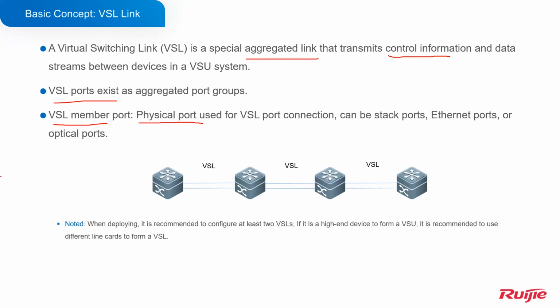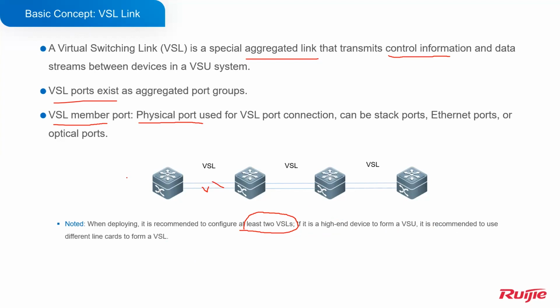So when we deploy the VSL in our switch, it is recommended to configure at least 2 VSL links in one switch. If one link is broken, we can continue to use the second link. If it is a high-end switch in a VSU, it is recommended to use different line cards to form a VSL. For example, you can add multiple line cards in one device.